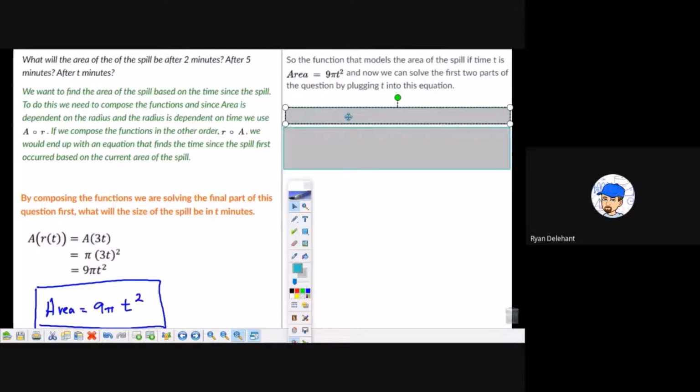So if we use our 9 pi t squared, if I want to find it at 2 minutes, I can plug into this, and you'll notice I said it was 36 pi the first time when we did it in our head. We're going to plug in 2. T squared is 4. What's 4 times 9? We get 36. You'll notice that we got the same answer that we did when we quickly calculated that, which makes sense.